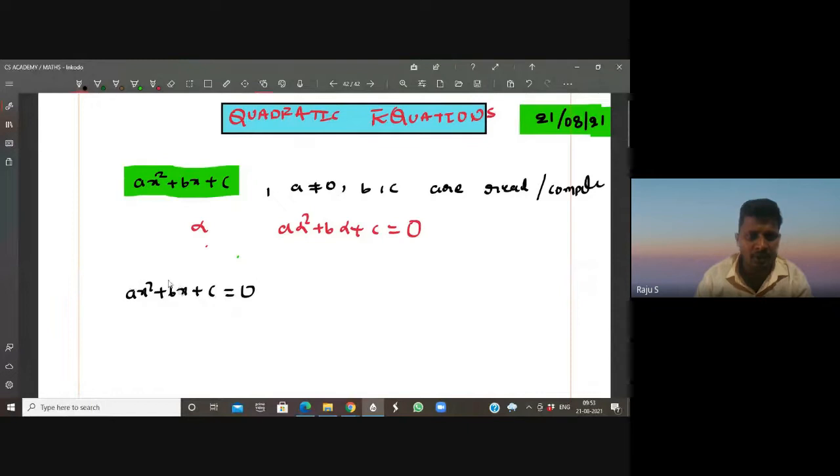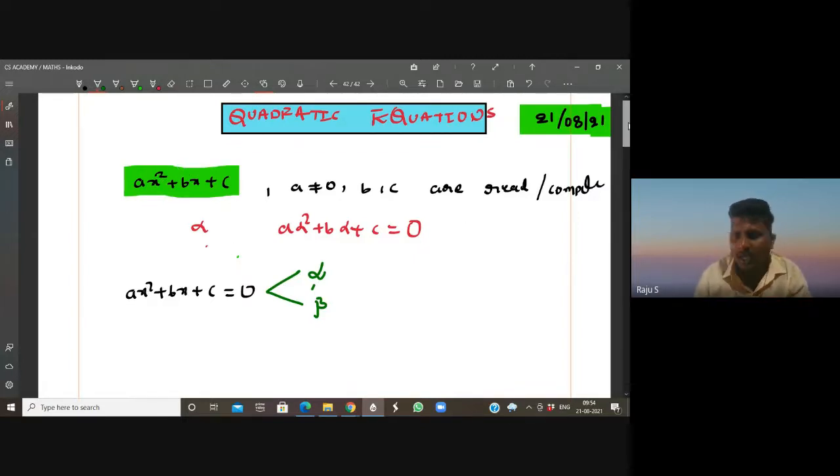Every quadratic equation has how many roots at maximum? It depends on the degree. What is the degree here? Degree is clearly 2. So the given equation has 2 roots, let us take alpha and beta in general. In this entire chapter, I take the roots of the quadratic equation as alpha and beta.